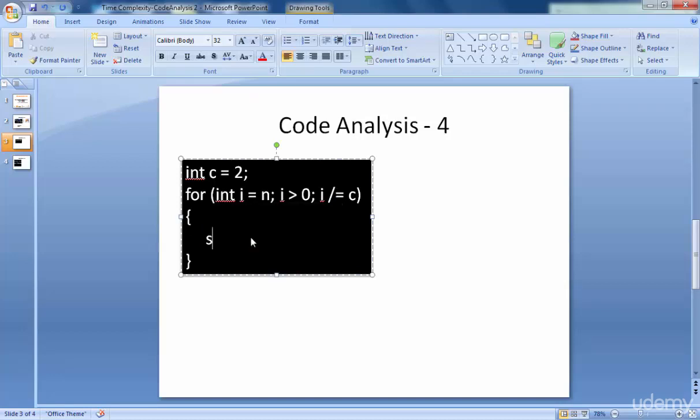Here you can say system.out.print any value. So what will be the runtime complexity of this code in case of division?